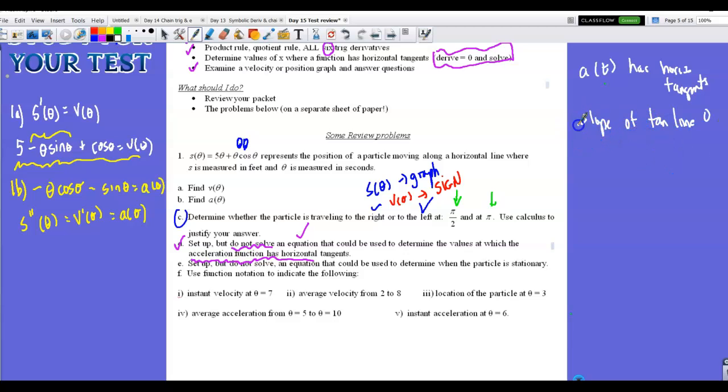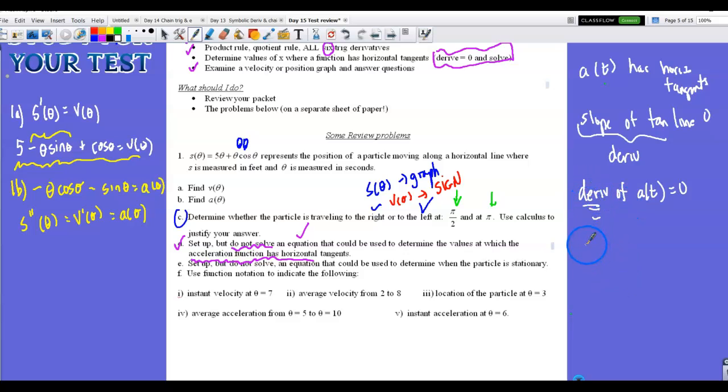Well, slope of the tangent line is the derivative. That's one of the concepts I said you really have to understand. So what I really need to know here is, when is the derivative of the acceleration graph equal to 0? Not A of t equals 0, the derivative of A of t.